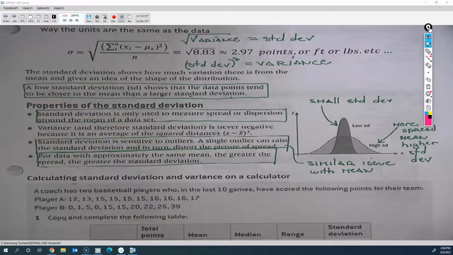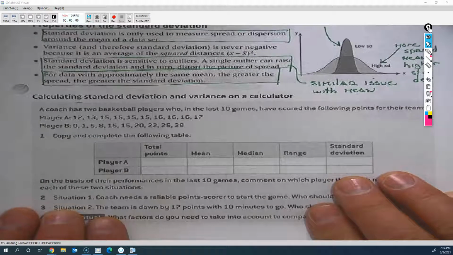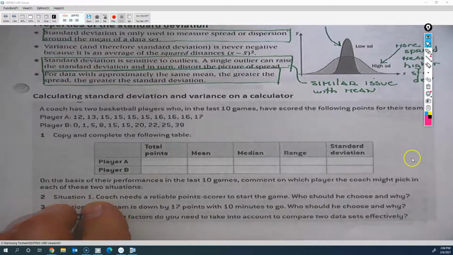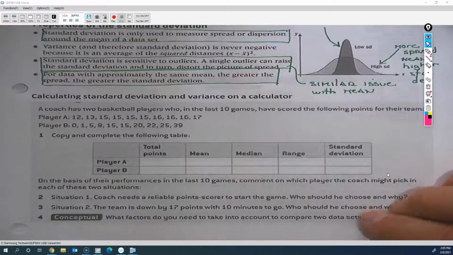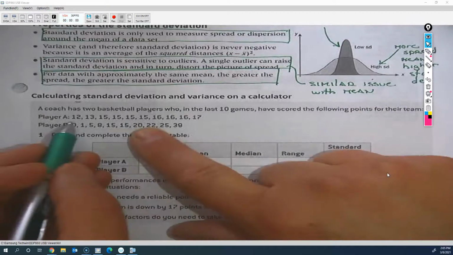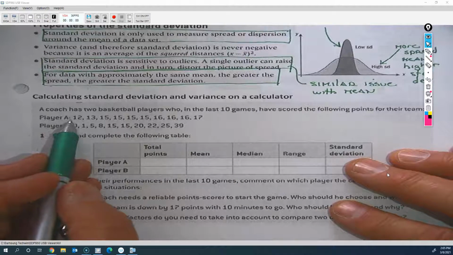Okay, now we're going to show you how to do it on your calculator. All right, so if you need a calculator, come back here and grab one, or open the one on your laptop. What we're going to do is put in these 10 games and how much each player scored.